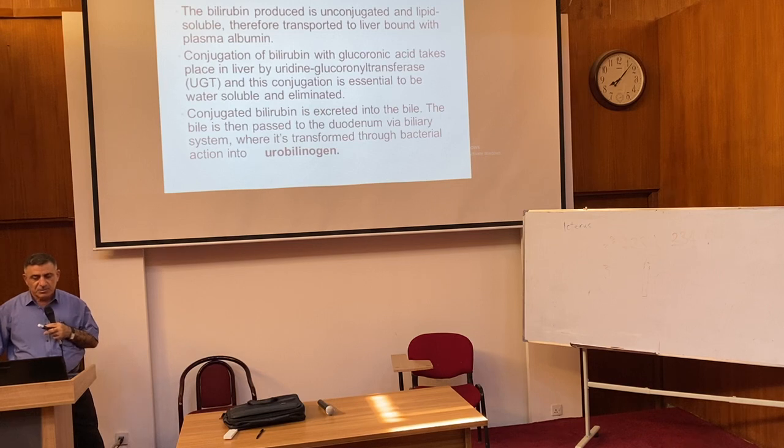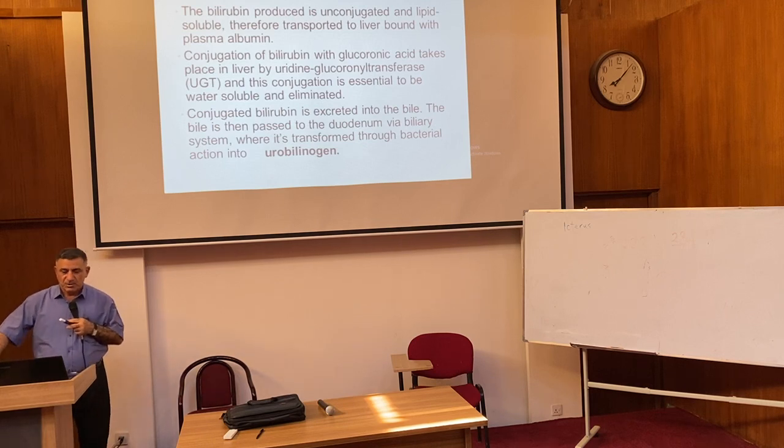This bilirubin which is produced is called unconjugated bilirubin, and it is lipid soluble. So any lipid soluble substance in the plasma of the blood should usually be carried by a protein, and this protein here is albumin.